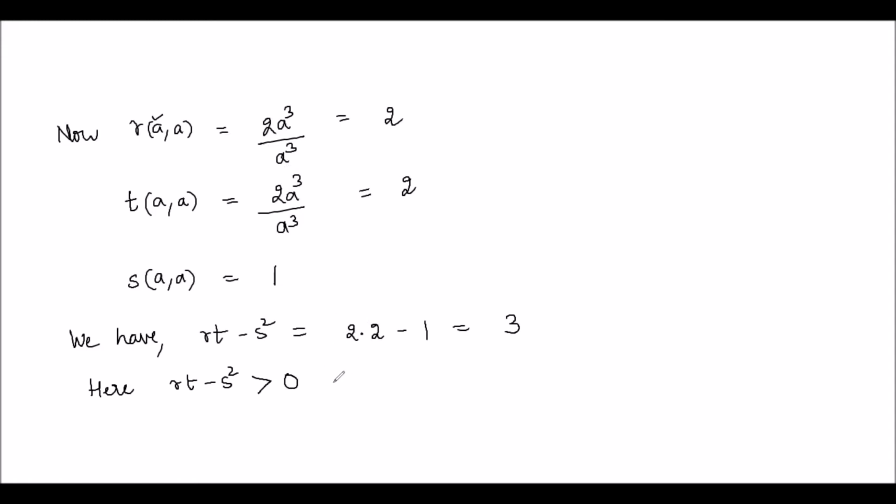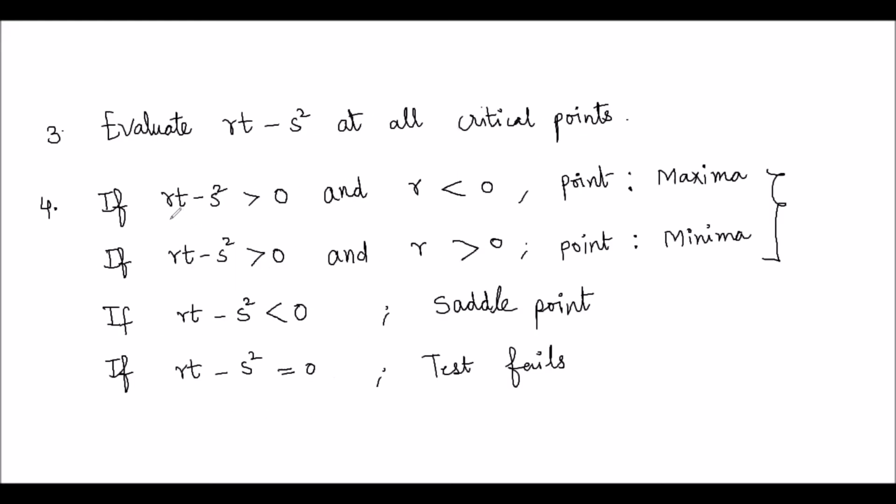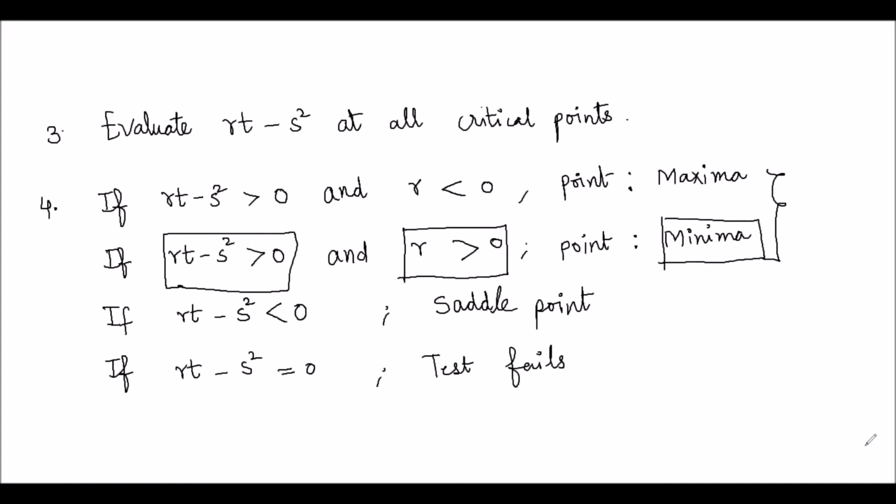Now let us check the sign of R, and R, which is equal to 2, is greater than 0. So if we see our working rule, what we have discussed, that if RT minus s square is greater than 0 and R is greater than 0, then that point is the point of minima.